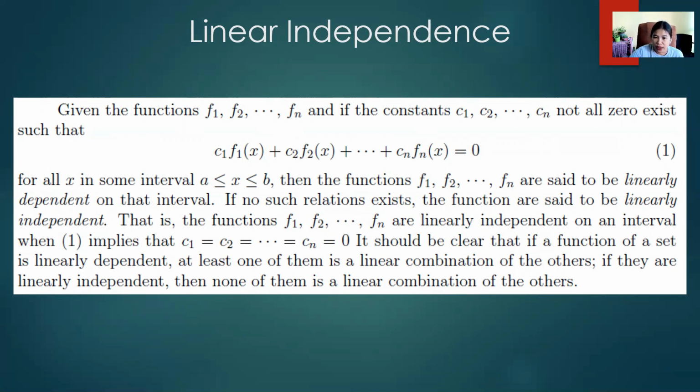That is, the functions f1, f2 up to fn are linearly independent on an interval when equation number 1 implies that C1 equals C2 equals Cn equals 0. It should be clear that if the functions of a set are linearly dependent, at least one of them is a linear combination of the others. If they are linearly independent, then none of them is a linear combination of the others.